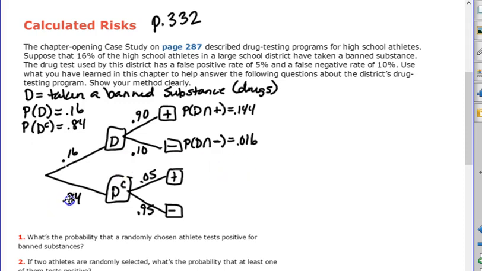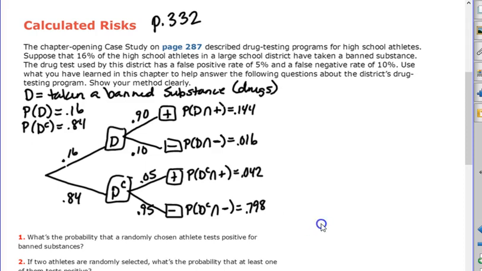Then the probability that they didn't take drugs but they tested positive would be multiplying 0.84 times 0.05. So probably no drugs, but they tested positive. That turns out to be 0.042. And then the probability that they didn't take drugs and they tested negative, which is a good thing, 0.84 times 0.95 is 0.798. So remember, we're always multiplying across for these probabilities.